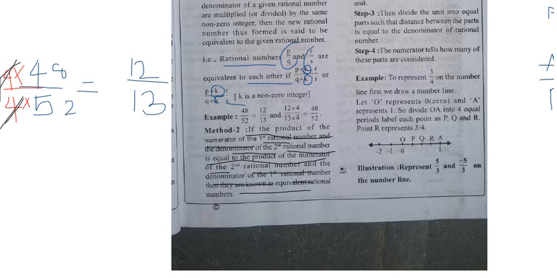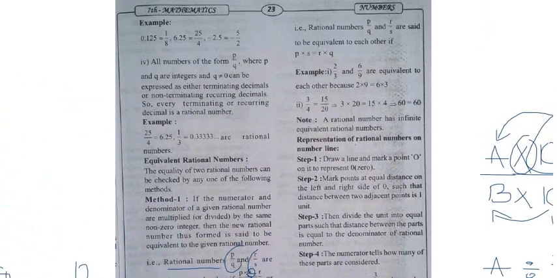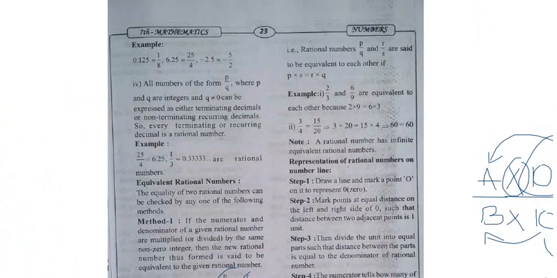Here they are just doing cross multiplication: p into s equals q into r. That is what I said about comparing fractions, to conclude which one is greater or which one is less, with the help of cross multiplication only.